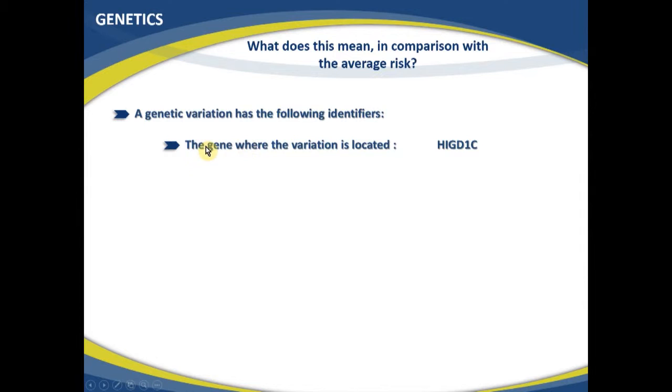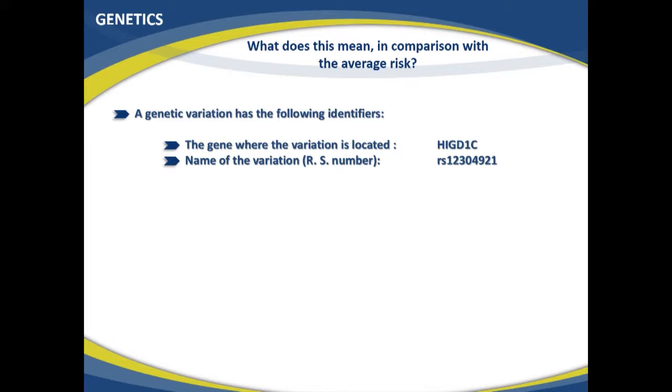Now, a genetic variation has a number of identifiers because many scientists work with the same genetic variation, and they all need to know that they are talking about the same thing. So from a genetic variation, we find out the gene where the variation is located. This is the name of the gene. The name of the variation, the RS number, is kind of like a catalog number for a genetic variation.